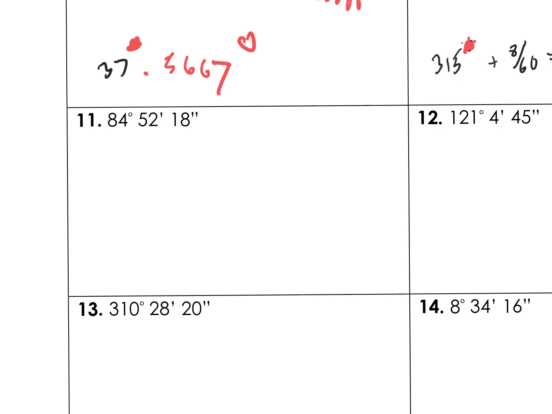Now we have minutes and seconds. So I need to do, obviously I have my 84 point. And I don't want to be adding to that. I'll be adding to that 52 divided by 60. I'll be adding to that 18 divided by 60 times 60, which is 3,600.